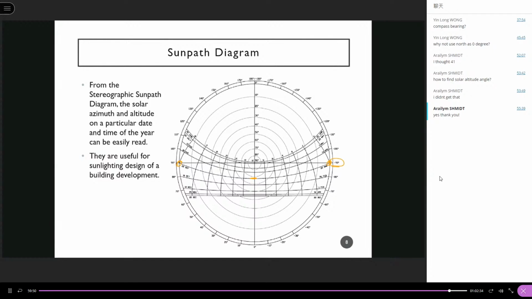I give you several answers. My question is, what is the solar altitude on the equinox at solar noon time?